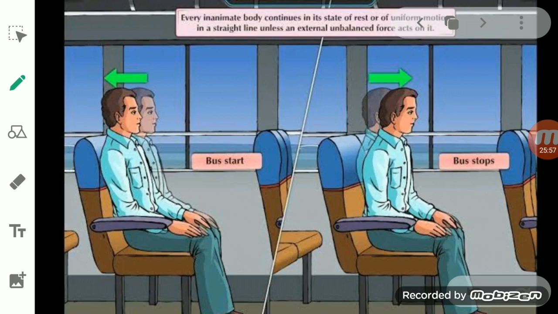But the particles present in the carpet do not want to change their state of rest, and due to which the dust particles come outside. The carpet comes into motion, but the dust particles do not want to change their state, and hence they separate from the carpet.